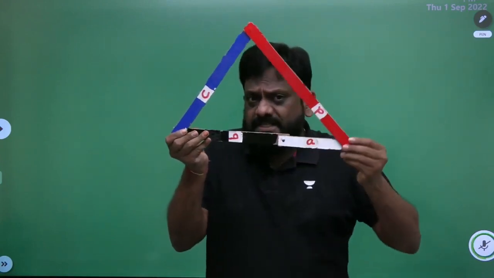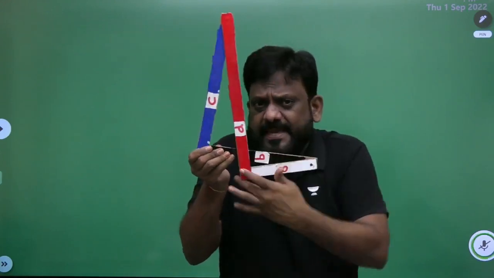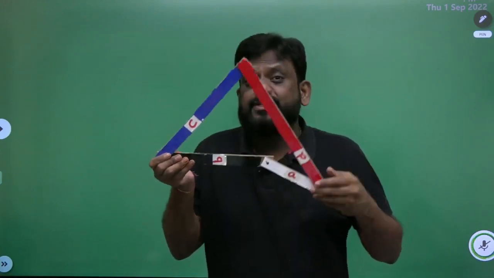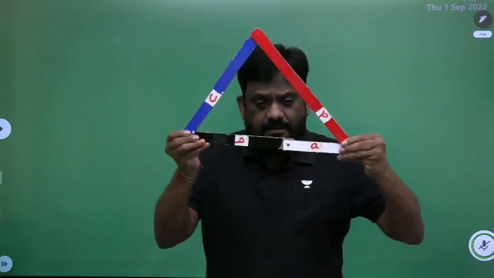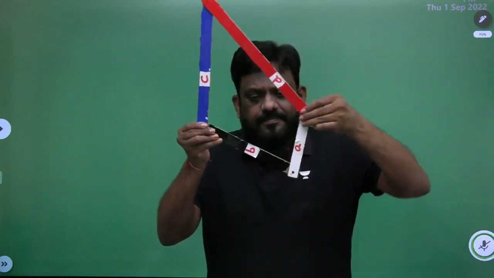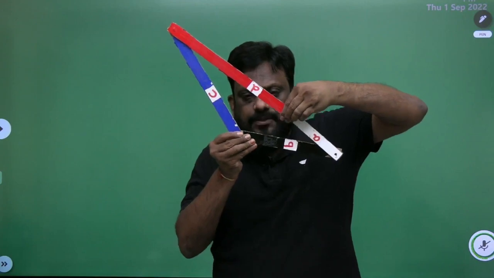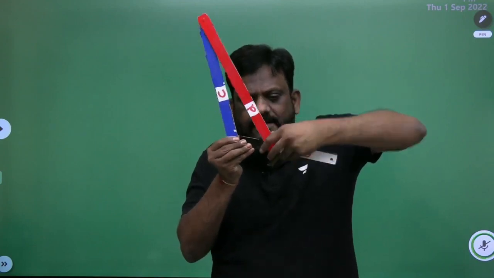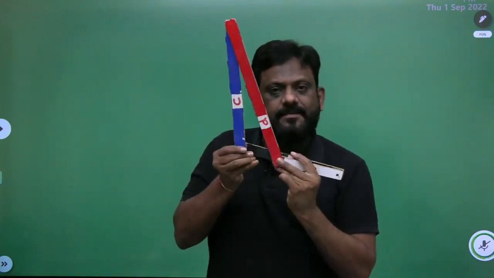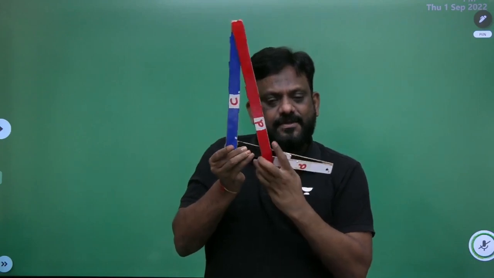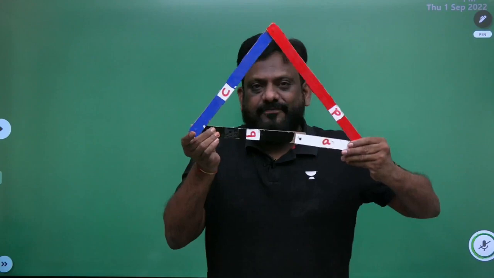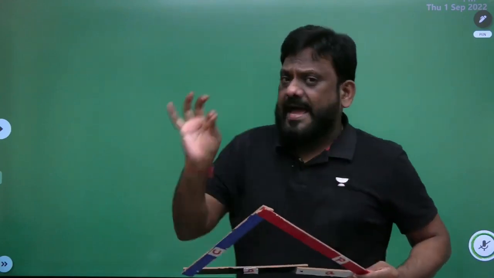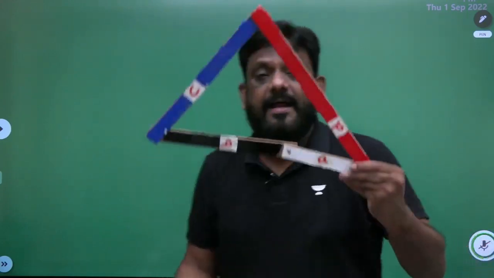So, my dear students, when this white link makes a complete rotation, it is making 4 triangles. One triangle, second triangle, third triangle, fourth triangle, and back to the fifth. I want to track all these 4 triangles.